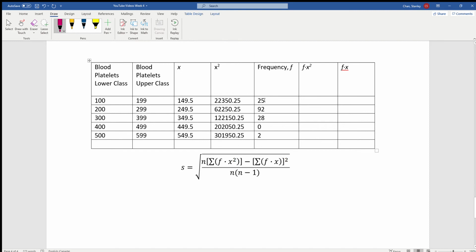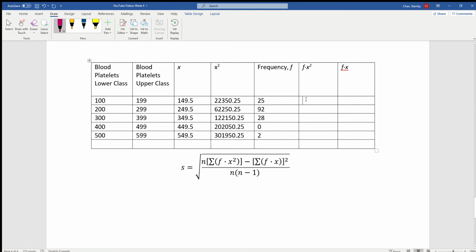Okay, the frequency of these values was already given. Now we're going to take the frequencies and multiply them by the x squared. So these two columns will be multiplied together to get the next column.